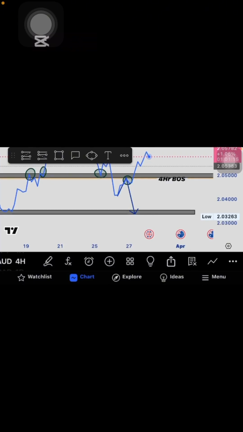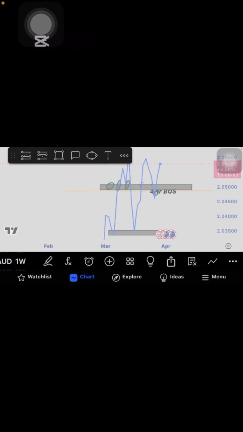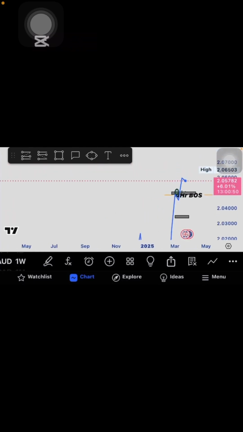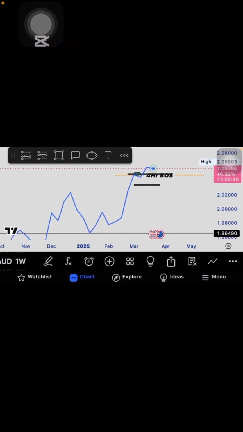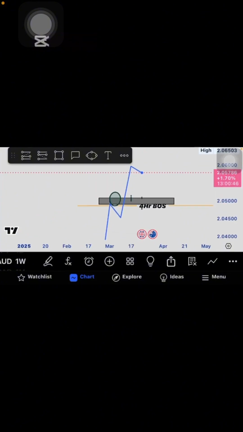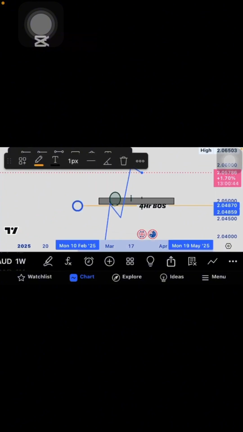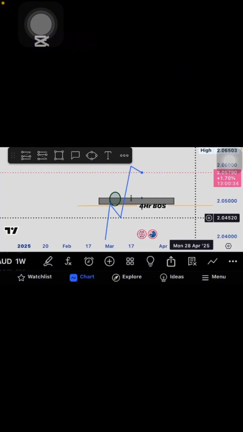I'm going to delete that since it didn't happen. So let's go on the weekly. Let's start from the weekly time frame. On the weekly time frame also, I told you about this zone, this 4-hour break of structure. I told you last time that once the market closes below this zone, which my cross here is, then we are bearish.